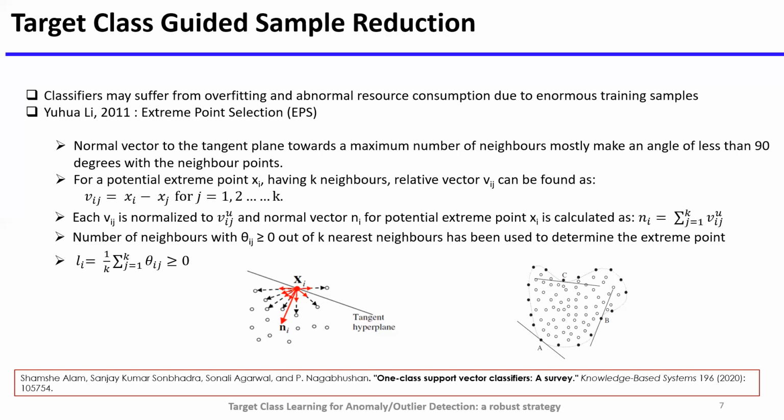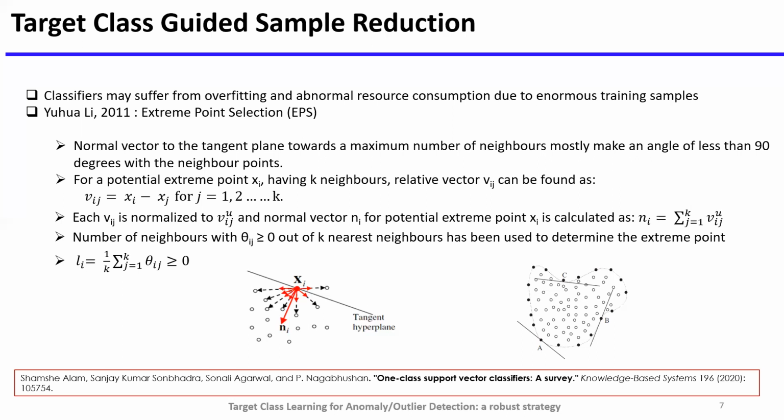In this piece of research, suppose we draw a normal vector to a tangent plane to the nearest maximum number of neighbors, as in this diagram. Most of the neighbors make angles less than 90. Before dealing with extreme points, I want to say that the extreme points are the most promising support vectors for any one class support vector classifier.